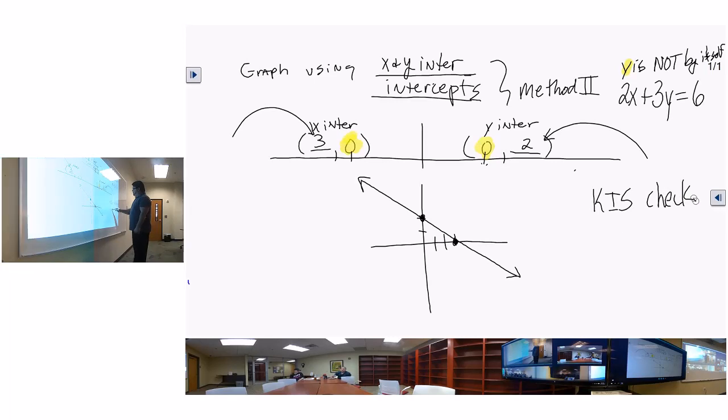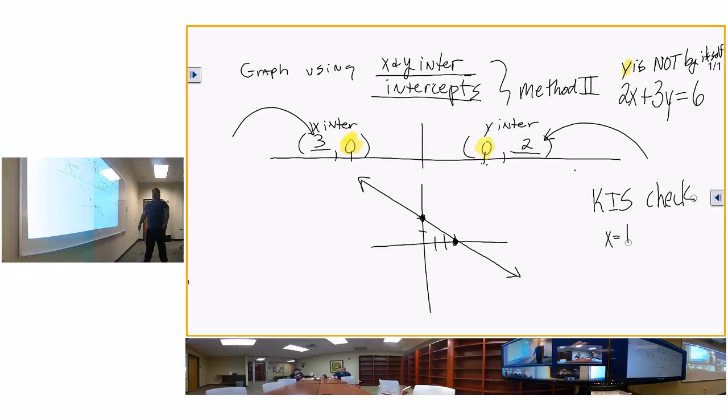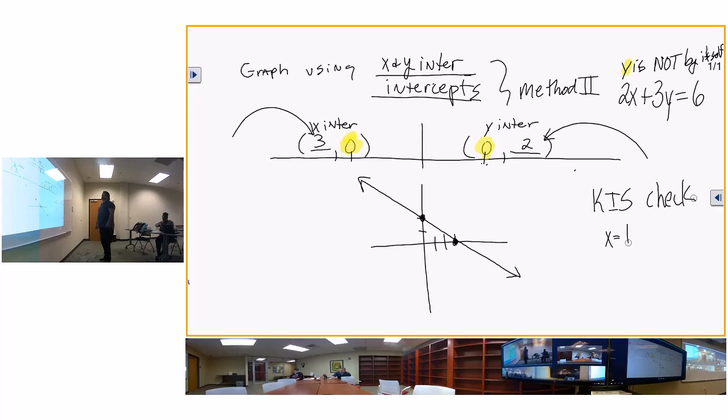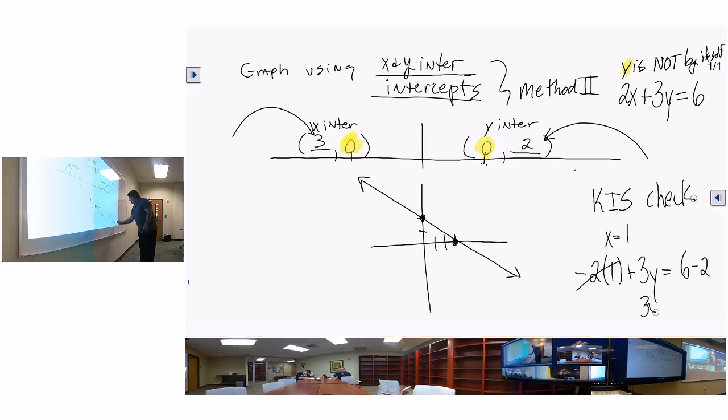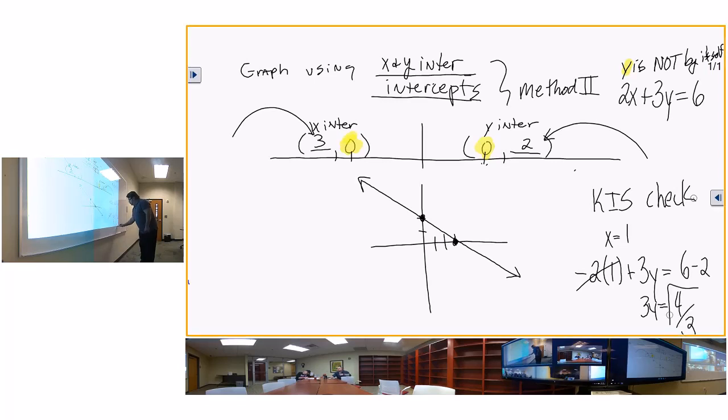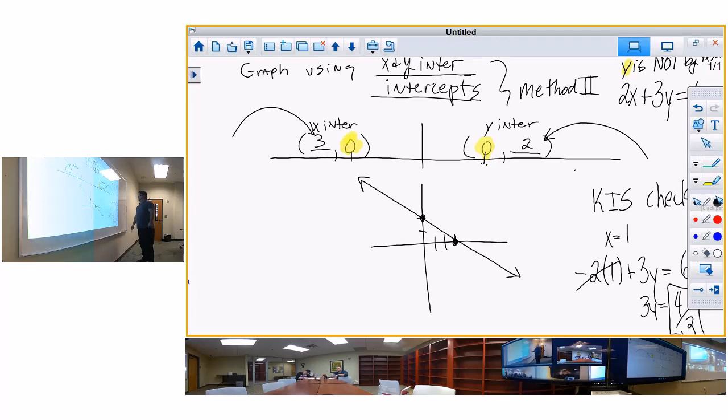X is equal to 1. Plug and chug. So 2 times 1 plus 3y is equal to 6. Minus 2, 3y is equal to 4. So at 1, I should hit 1 1/3.